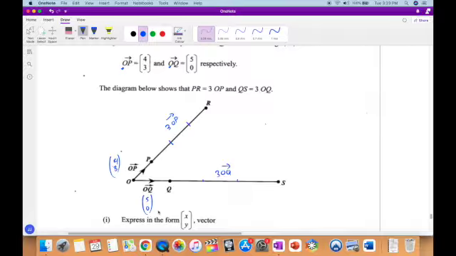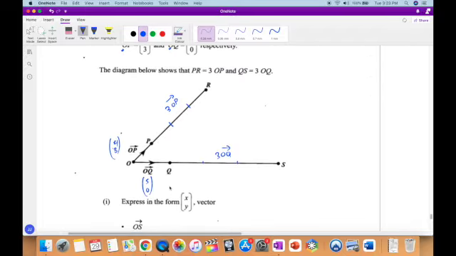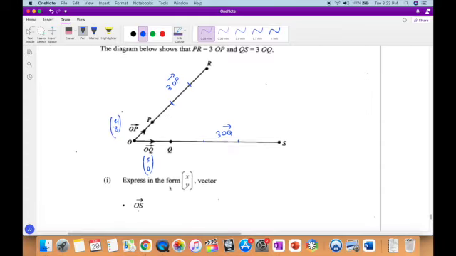What do we want? We want the vector O to S. So O here and S here. You can see O to S is 4 times OQ. So OS is equal to 4 OQ, which is 4 times [5; 0], which is [20; 0].